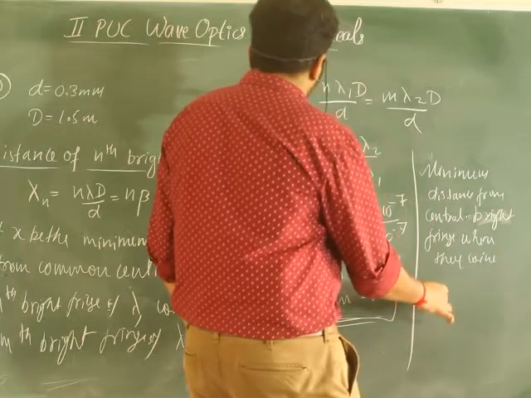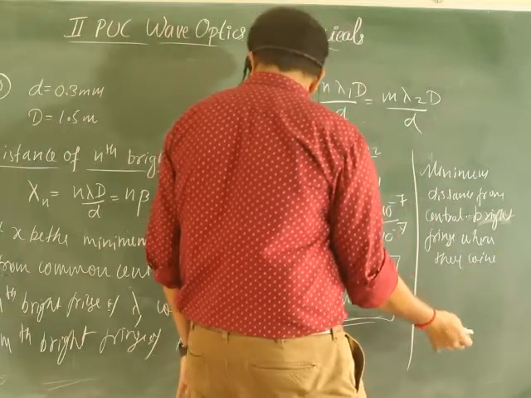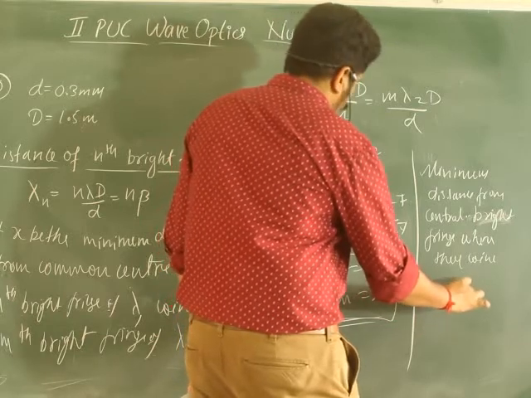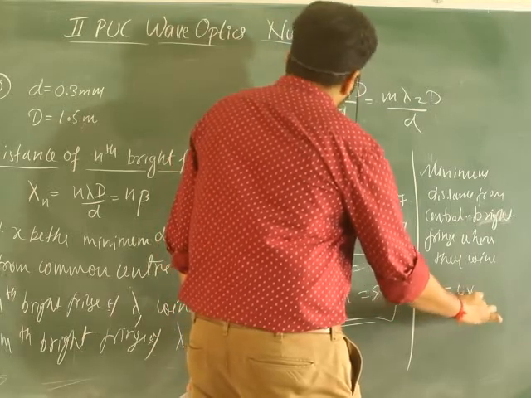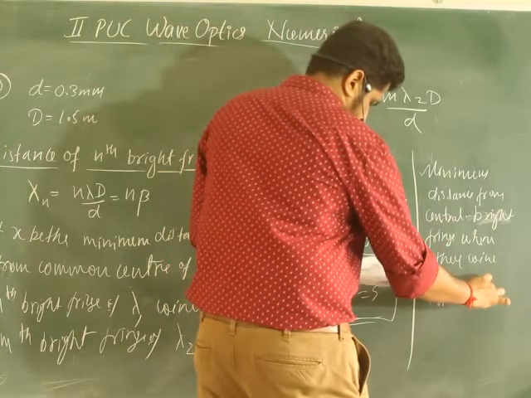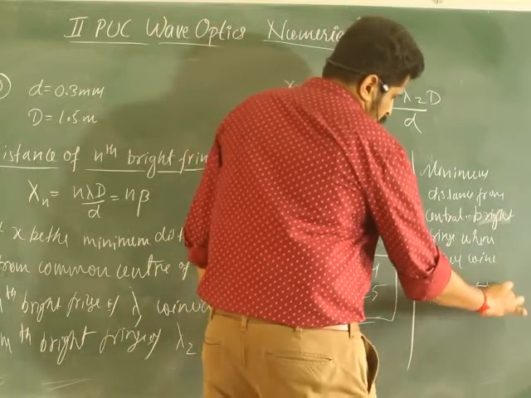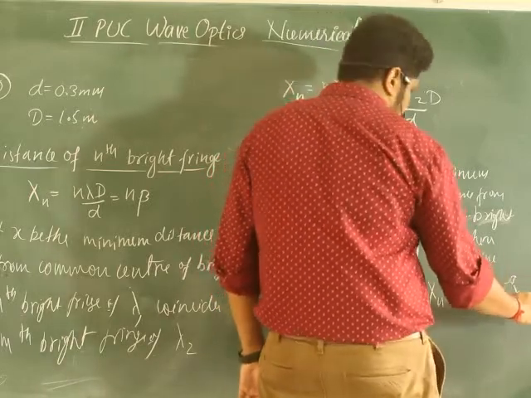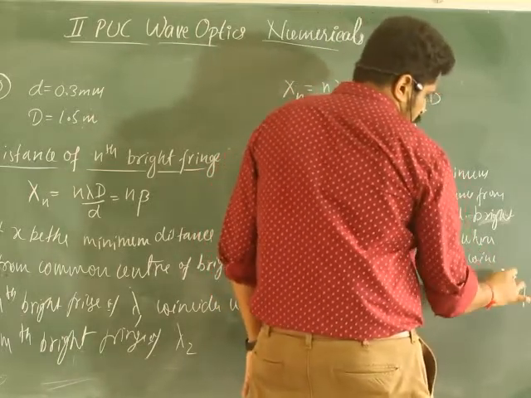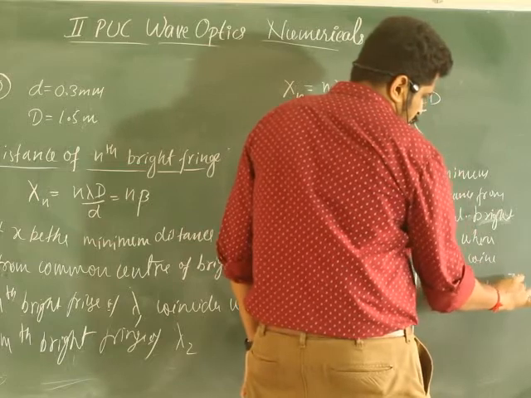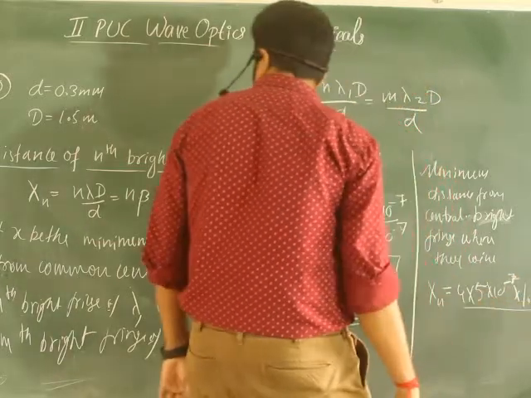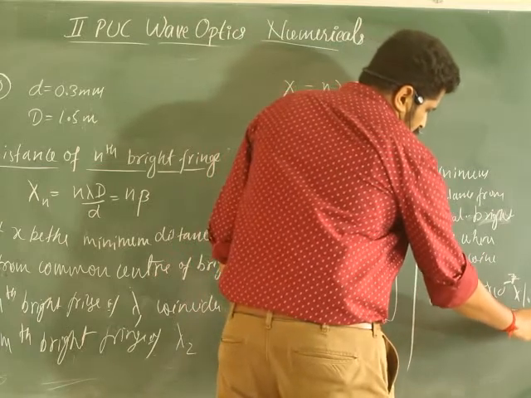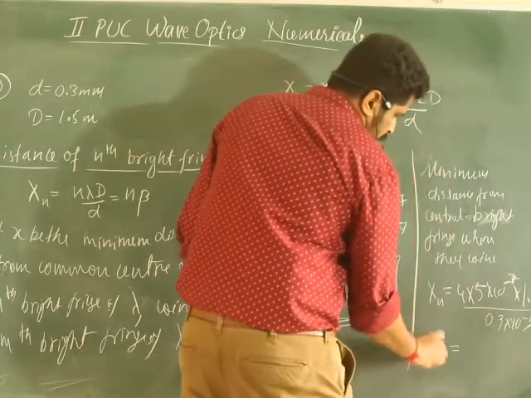I will substitute in one of the formulas. So the distance I am finding out: n value 4, lambda 1 value 500 into 10 power minus 7, capital D value 1.5, small d 0.3 millimeter. Check the value.